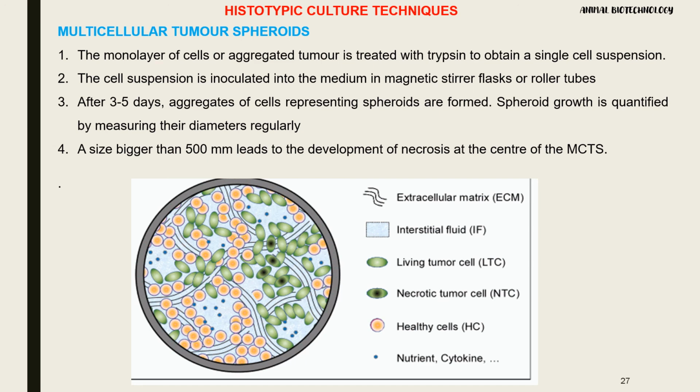Within 3 to 5 days, aggregates of cells are formed which represent spheroids. Spheroidal growth is quantified by measuring their diameter regularly. A size bigger than 500 micrometers leads to the development of necrosis at the center of the multicellular tumor spheroids. A cross-section of the multicellular tumor spheroids is shown below.